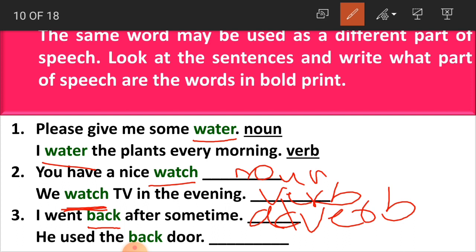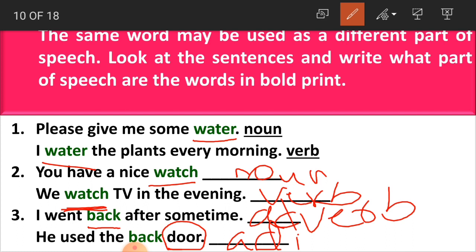He used the back door. The second sentence here. He used the back door. Any guesses? What does this back become in this sentence? Yes. An adjective. It becomes an adjective. Why is it an adjective? Because we are telling about this door.